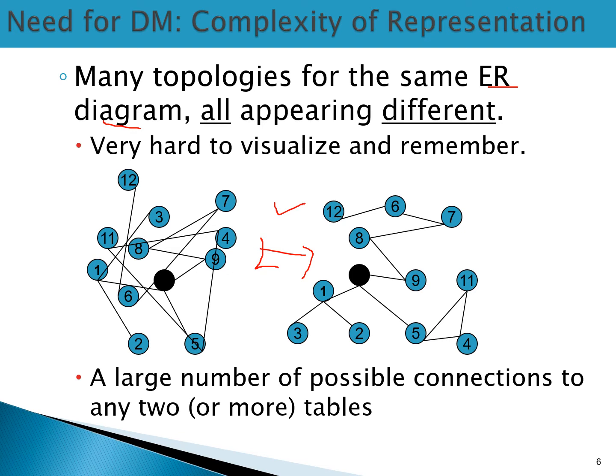There are many topologies for the same ER diagram, all appearing different. If you rotate any of the diagrams, the entire representation changes. So it is very hard to visualize and remember a large number of possible connections between any two or more tables.